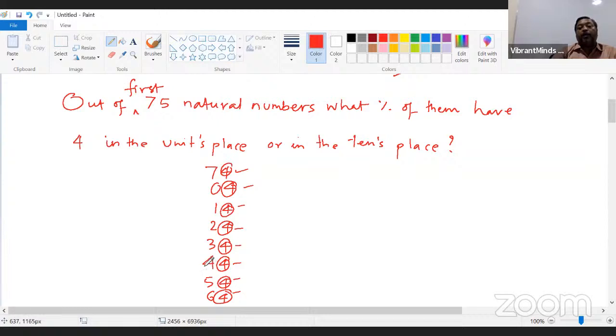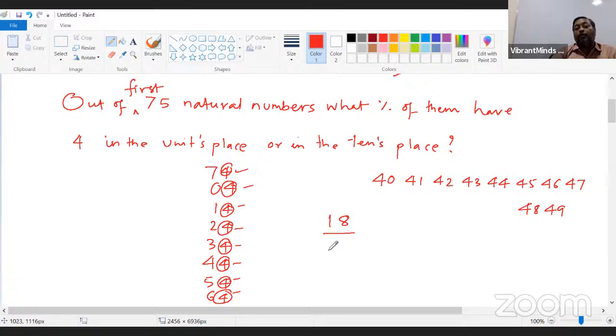Tens places, coming of 4 in the tens place. So it is 40, 41, 42, 43, 44, 45, 46, 47, 48, 49. How many numbers? 1, 2, 3, 4, 5, 6, 7, 8, 9, 10. So a total of 18 numbers out of 75, percentage.